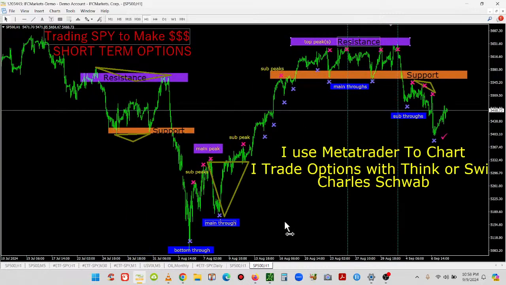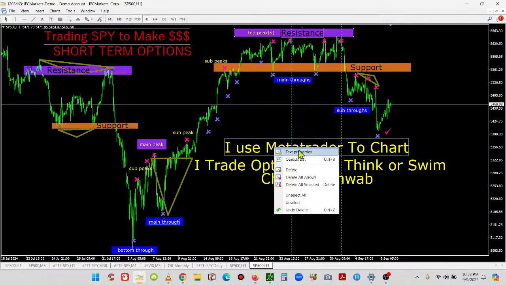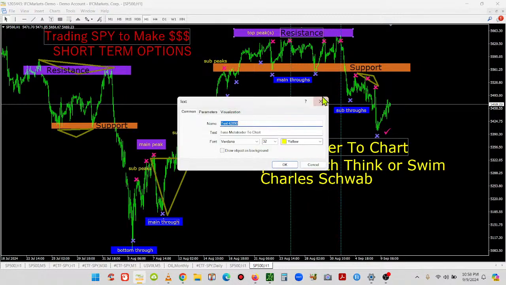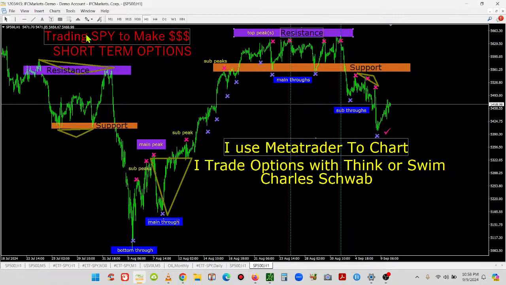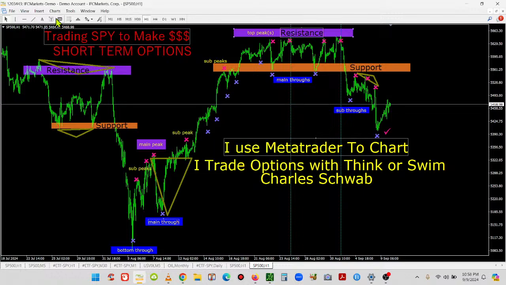He should be doing the same as the red one. The reason is the difference when you use a text versus a label. So this is a label.